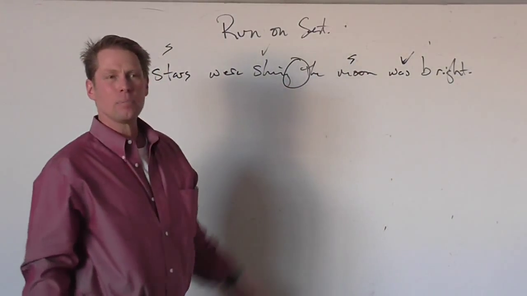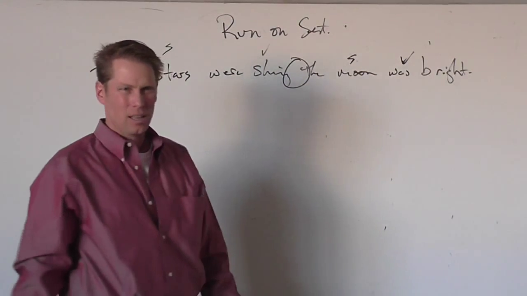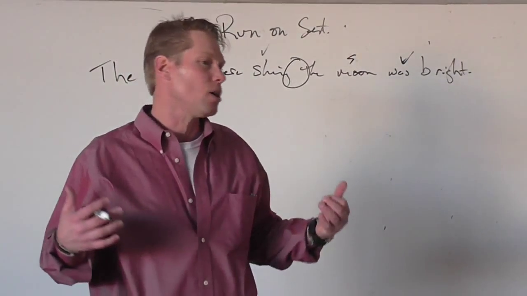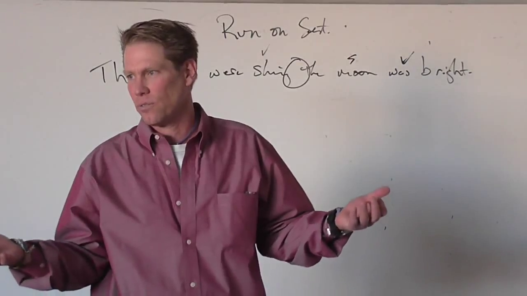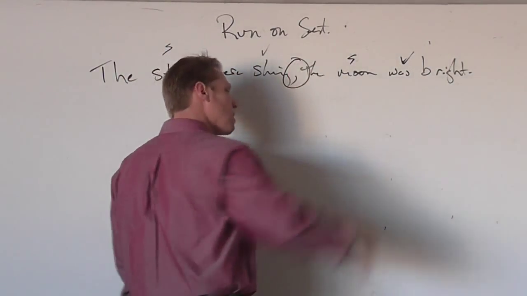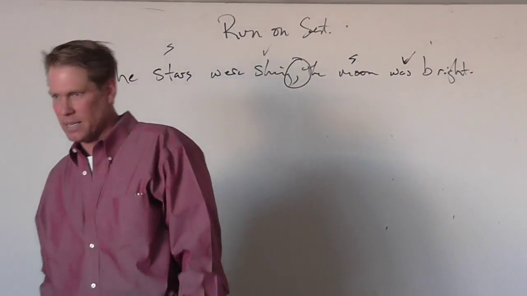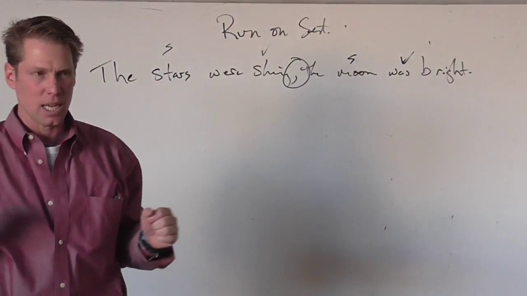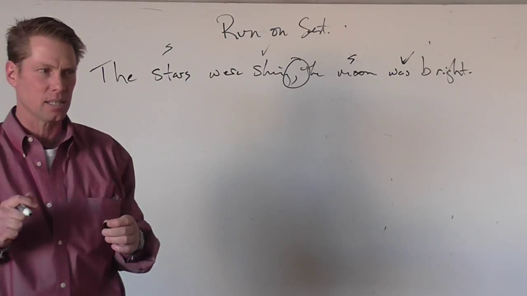She said, in between the word shining and the, there needs to be some kind of punctuation, or I've committed what I call a run-on sentence fault. Got me? So I'm going to fix it. The stars were shining, comma, the moon was bright. Yes! Several of you are looking at me like, yeah, I know he's speaking sarcastically at this point.